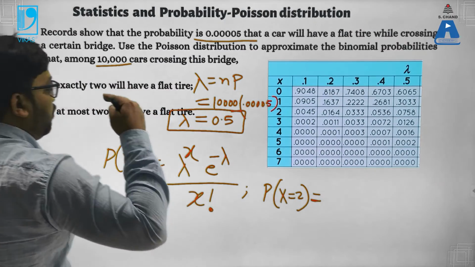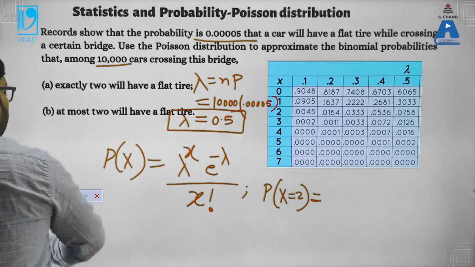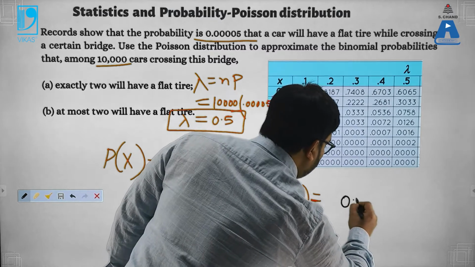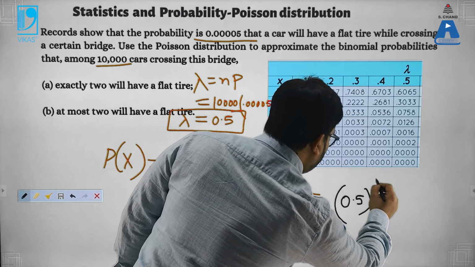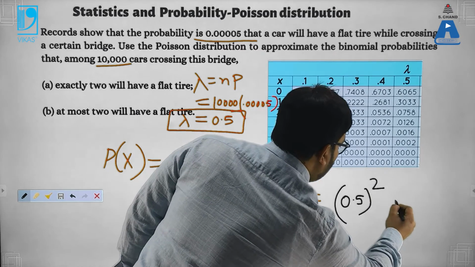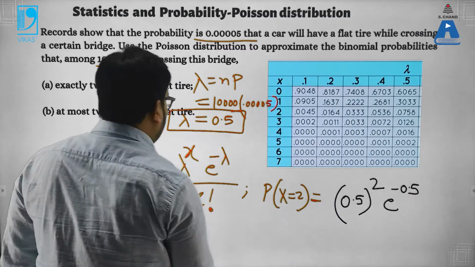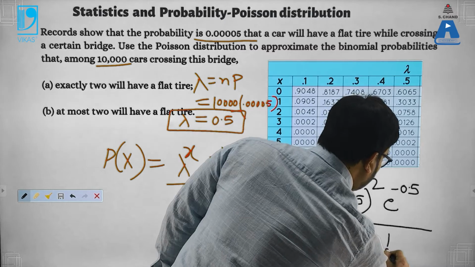I need the probability of exactly 2 cars going flat. I'll plug lambda equal to 0.5 and x as 2: e to the power negative 0.5 times 0.5 squared upon 2 factorial.